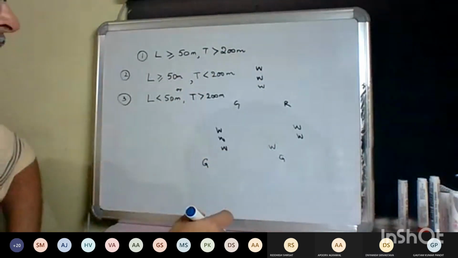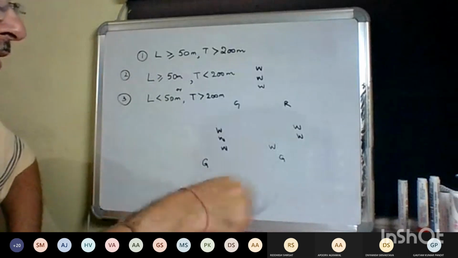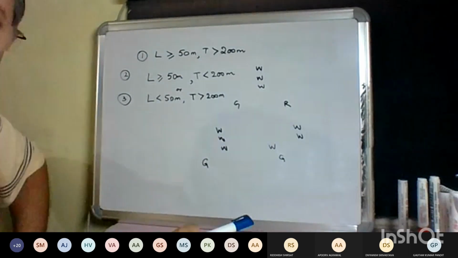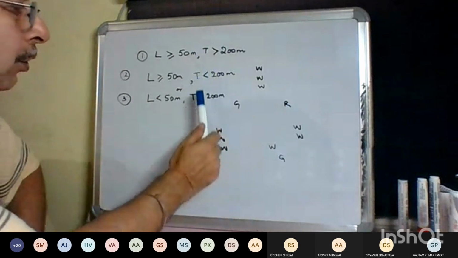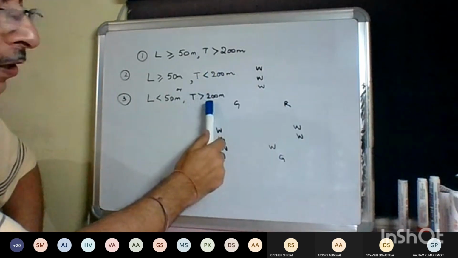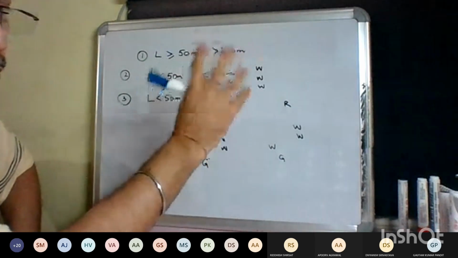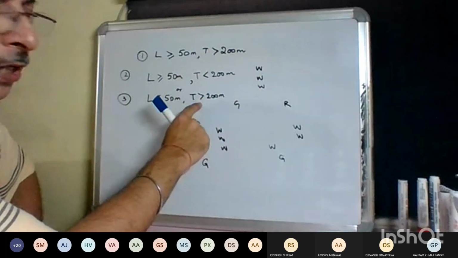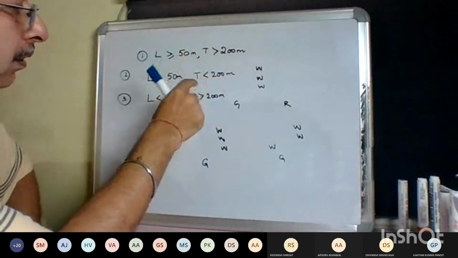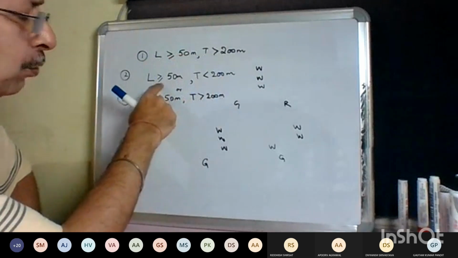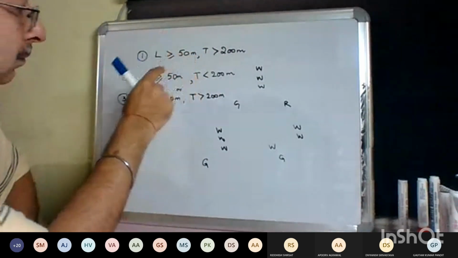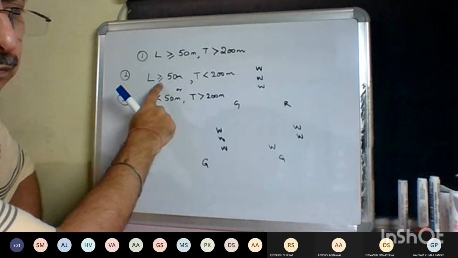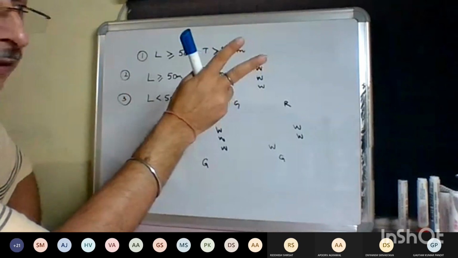Understood, sir. Anybody any doubt in this? So your tow more than 200 is basically depicting 2 or 3 lights. If less than 200 then 2, more than 200 then 3, and this is indicating 2 masts or 1 mast. More than, probably more than 50, 2 masts.